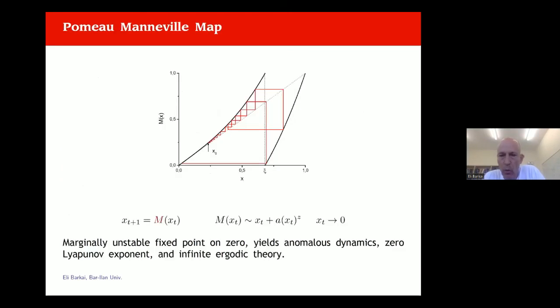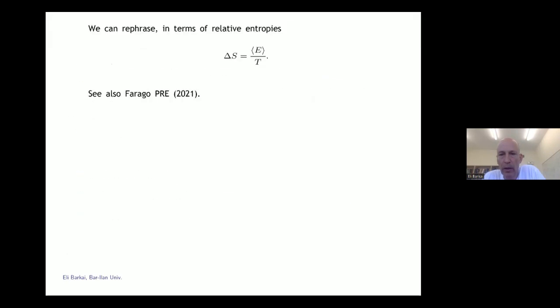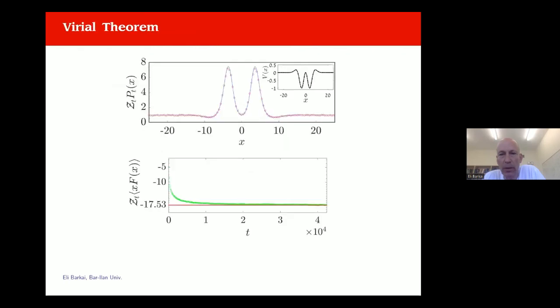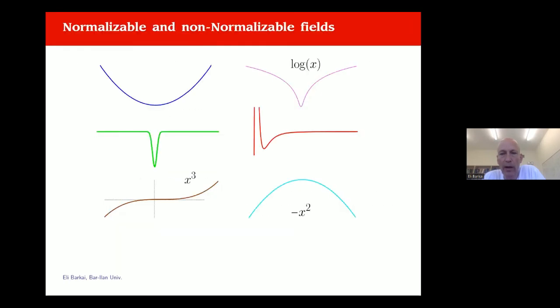So going back to my example, and we also have works on this with Luciano, if I have here a potential, which is flat, but I take this potential very, very deep compared to k Boltzmann T, then the particle will simply stay inside here for very, very long times before it escapes.